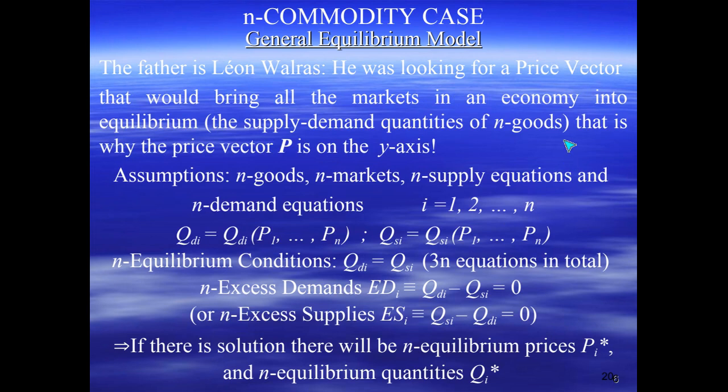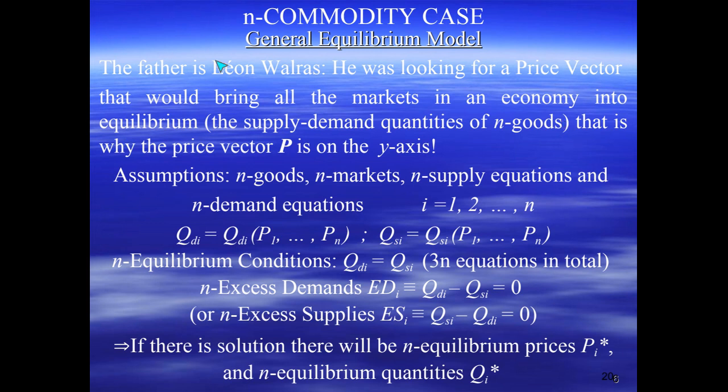It's possible. Now we come to the N commodity case, the general equilibrium model. So here we have more than two. We have N commodities. One supply, one demand, and one equilibrium condition for each commodity, each market. So in all, 3N equations.